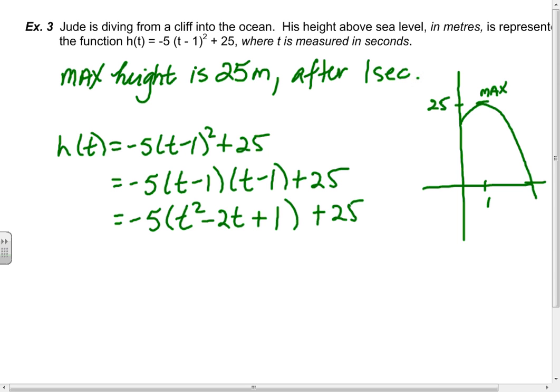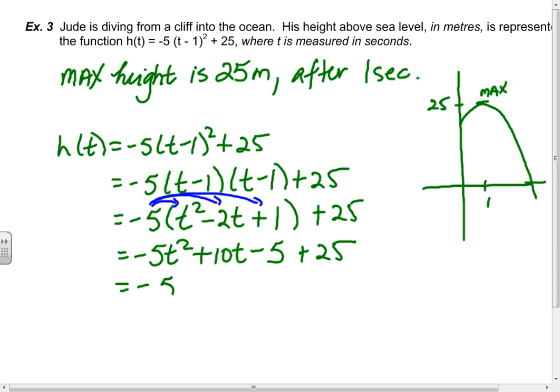Doing distributive law with that minus 5, I still use arrows and I'm old. Let's do that. Minus 5t squared plus 10t minus 5 plus 25, almost done, equals minus 5t squared plus 10t plus 20.